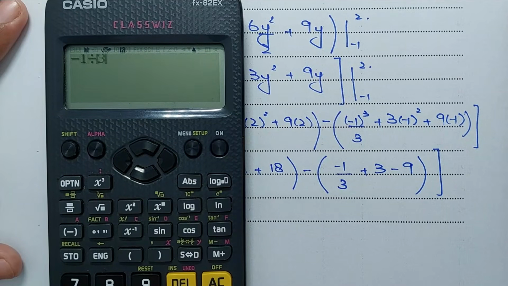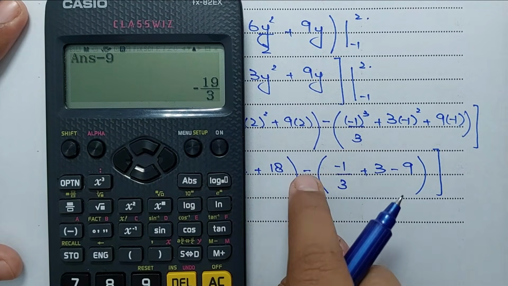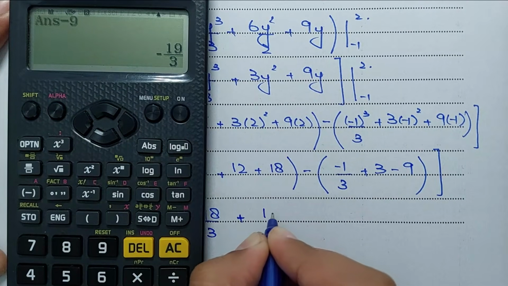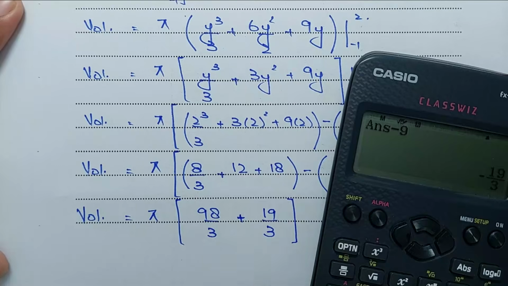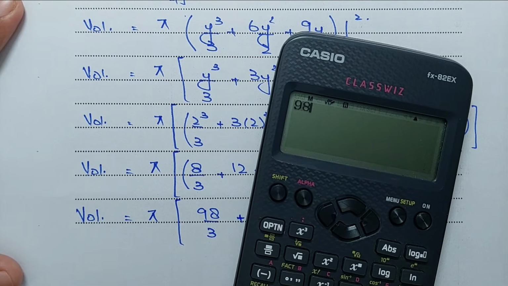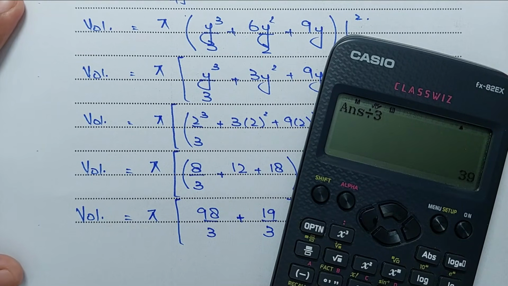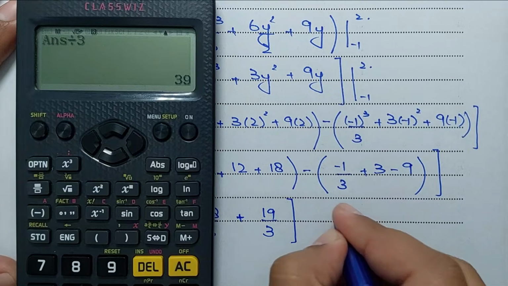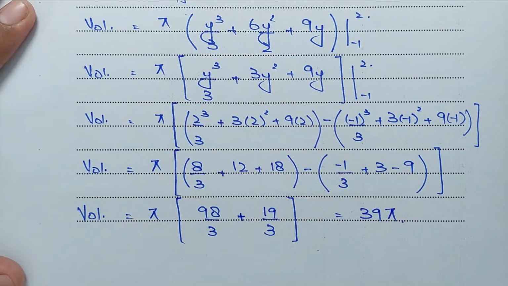Now minus 1 over 3 plus 3 minus 9 is minus 19 over 3, and with the minus sign outside it becomes plus 19 over 3. The denominators are the same, so we can add the numerators. 98 plus 19 is 117, divided by 3 is 39 pi. So this volume is 39 pi. We got that volume.